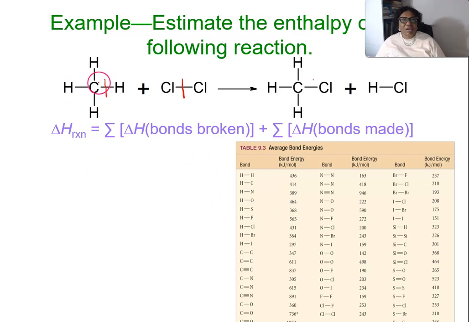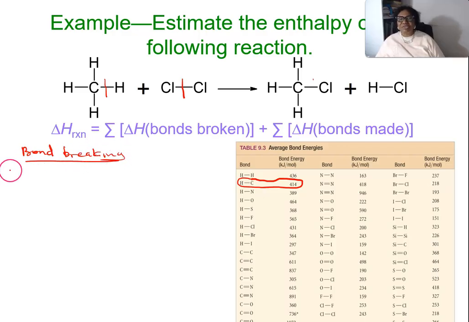So the carbon-hydrogen bond. Bond breaking, 1 mole of carbon-hydrogen bond, from the table, is plus 414 kilojoules.